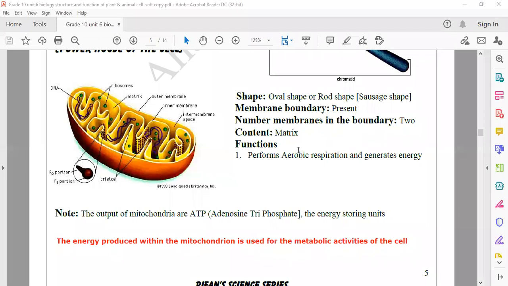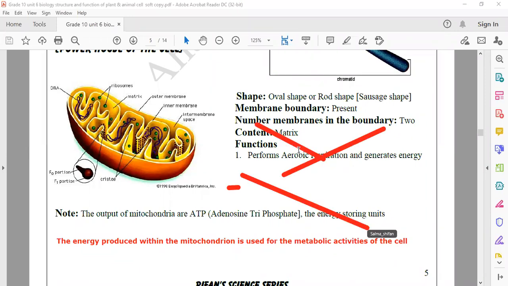Right? At the same time, the mitochondrion is releasing energy. Now, there are many different types of energy, light energy, electrical energy, different energies are there. The output energy of the mitochondria is called ATP, adenosine triphosphate.